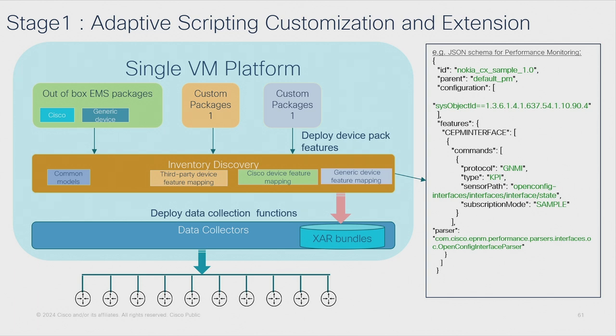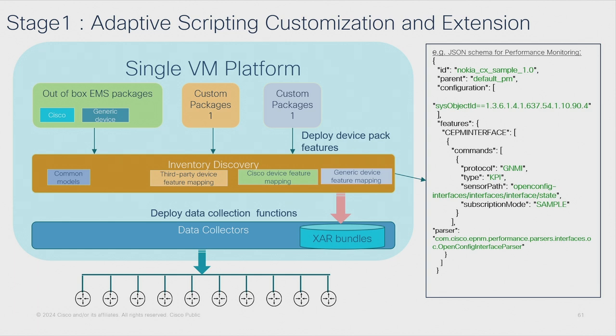What I mean by the data collection functions is, for example, on the right-hand side, you can see an example for a non-Cisco device, how we could build a performance monitoring capability through the device inventory packages that use the OpenConfig sensor paths to subscribe and generate those performance metrics for the specific router.